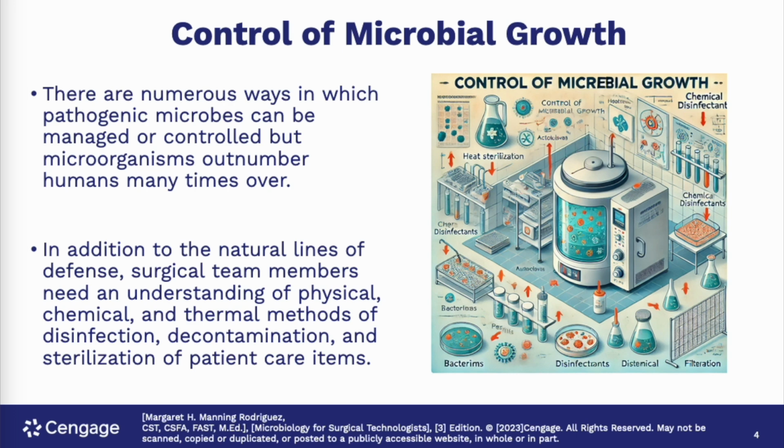Microbes vastly outnumber humans, and while most are harmless, they can become dangerous if precautions are ignored. Our bodies have natural defenses to coexist with many microbes, but surgical teams must also understand how to use physical, chemical, and thermal methods for disinfection, decontamination, and sterilization to protect patients.